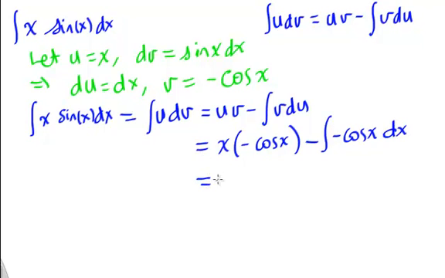I'll simplify this and clean it up a little bit. This is minus x cosine x, and minus minus gives me plus the integral of cosine of x dx.